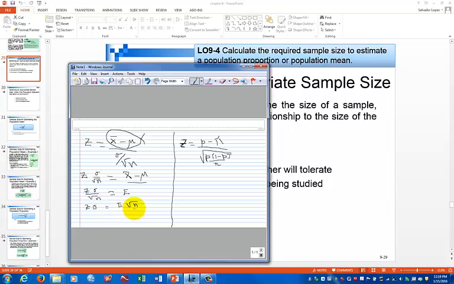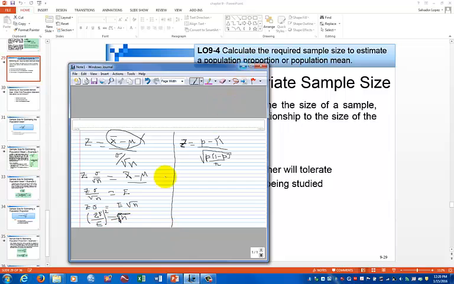And if we solve for n, we get z times sigma divided by E equals the square root of n. And to solve for n, we just have to square both sides. So this will be square all of it, and then this one will have no square root. So n will be equal to that expression.